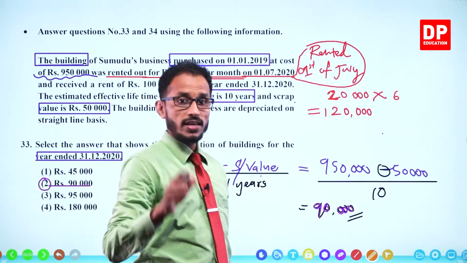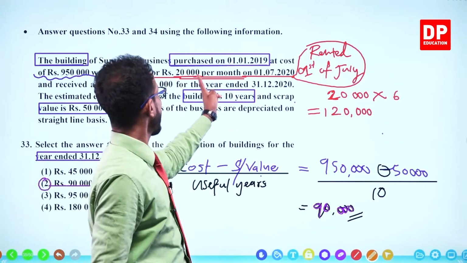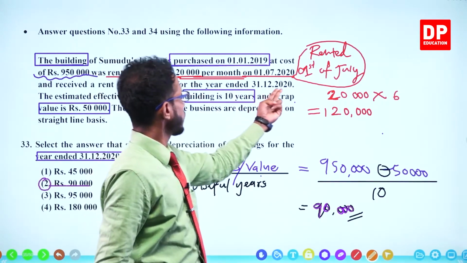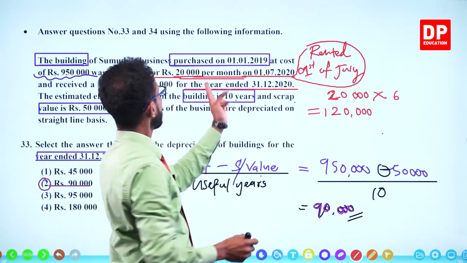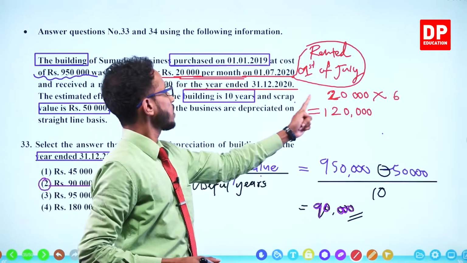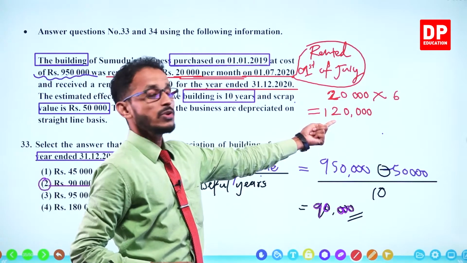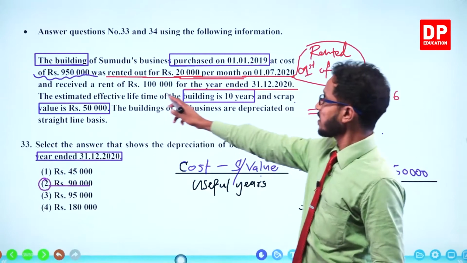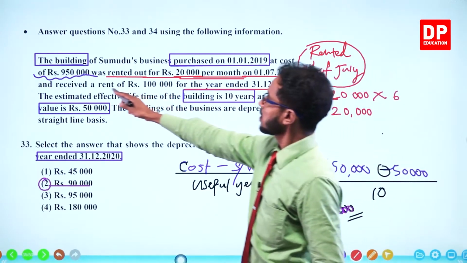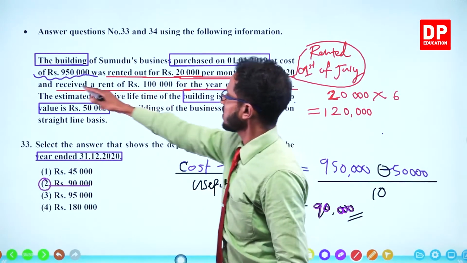For the year ended 31st December 2020, the total rent is 120,000. It should be 120,000, but only 100,000 was received.